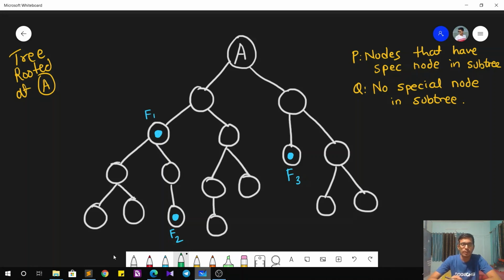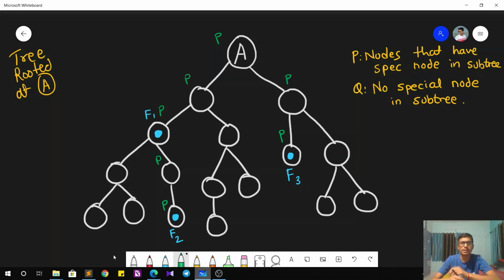So in the first DFS on the tree, we'll mark the nodes as P or Q. In this diagram, this node is of type P, then this one is P, P, P and P. Because if you have any special node, all the nodes along the path from that node to A will be of type P. Similarly, these three will also be of type P. So all the P type nodes are marked.